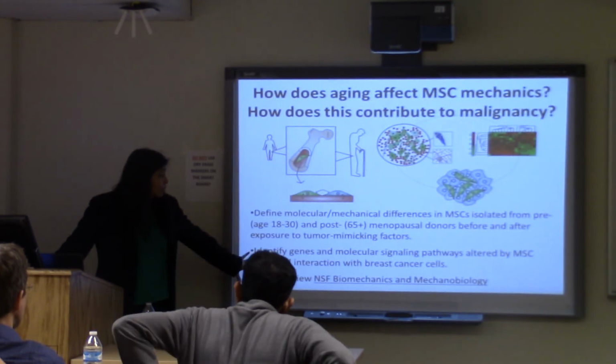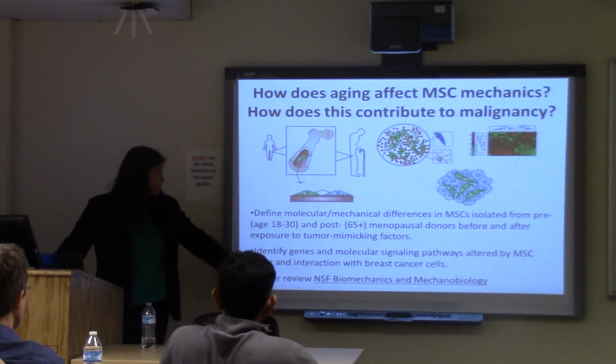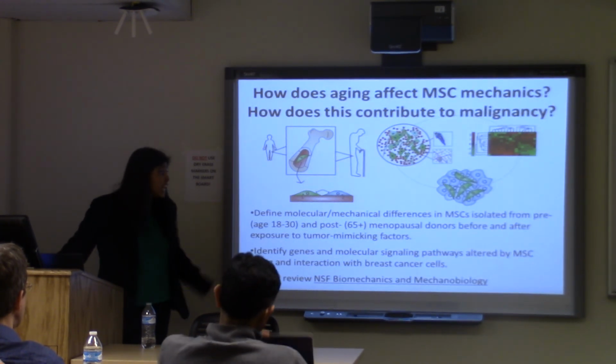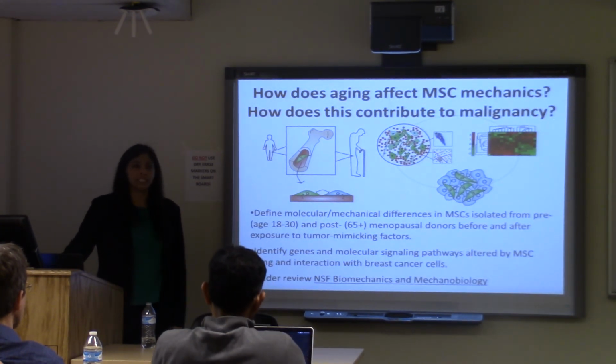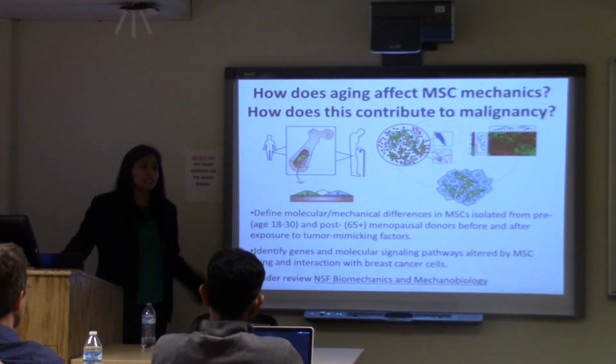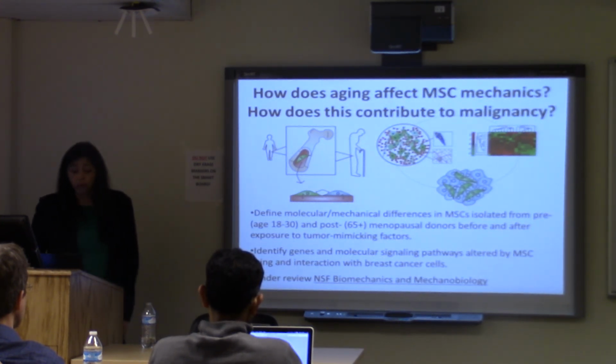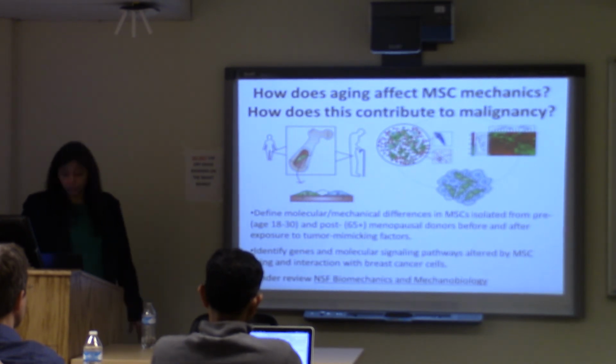And we can also look at changes in gene expression and changes in molecular signaling pathways using molecular inhibitors. All of these things we've done in the context of other questions. These are things that we've been doing for a while, but now being applied to a new problem that is of interest in terms of human health.